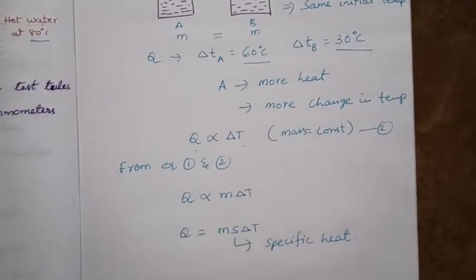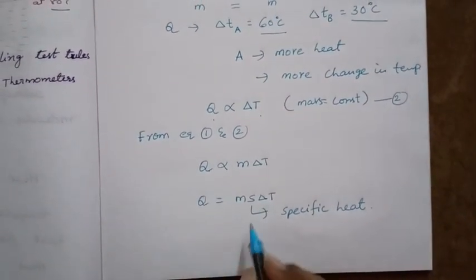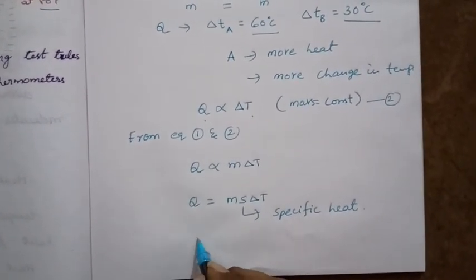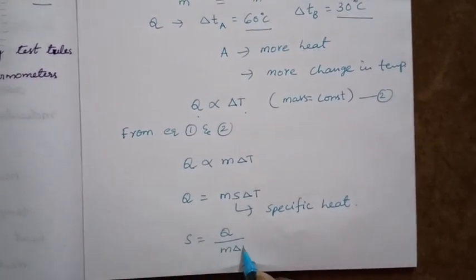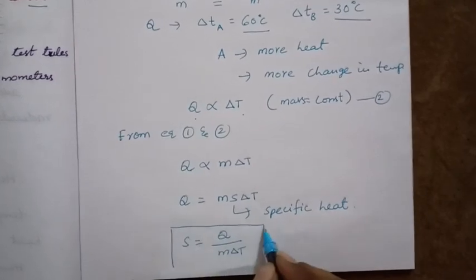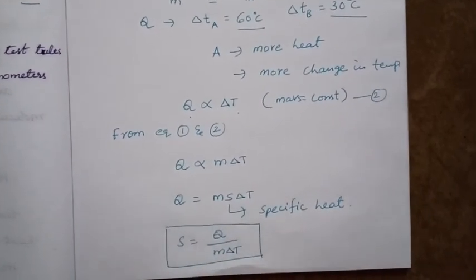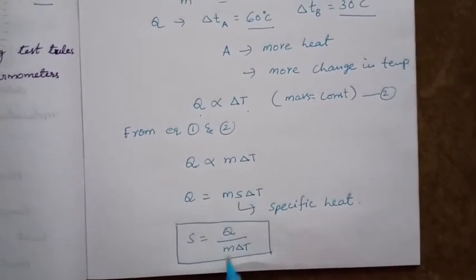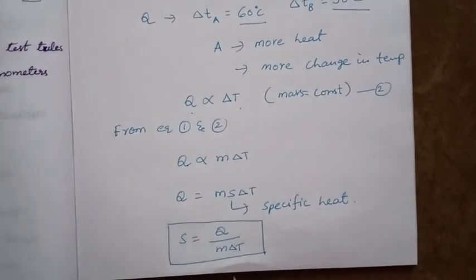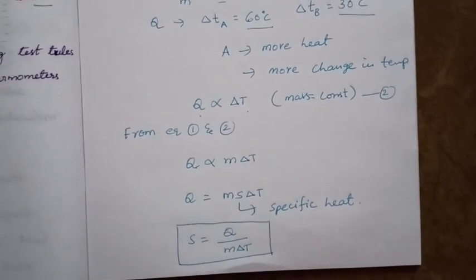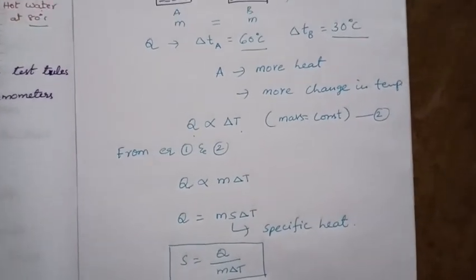We can say it is specific heat. From this we can write S equals Q by m delta T. This is the formula for specific heat.